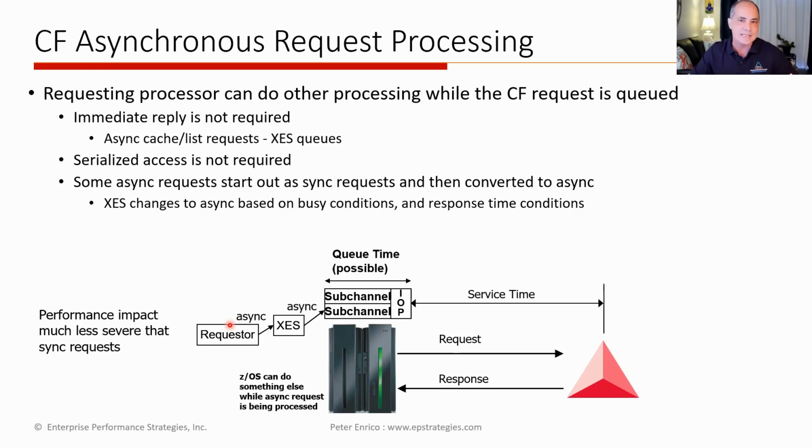So although asynchronous requests have costs in terms of CPU, that cost is not due to spinning on the processor waiting for the request to come back. So again, asynchronous requests still cost CPU, but you're not spinning. So they tend to be less of an impact to overall CPU consumption on the machine.